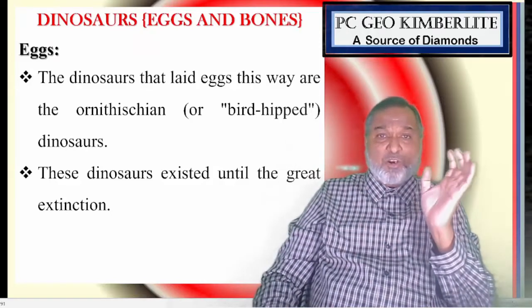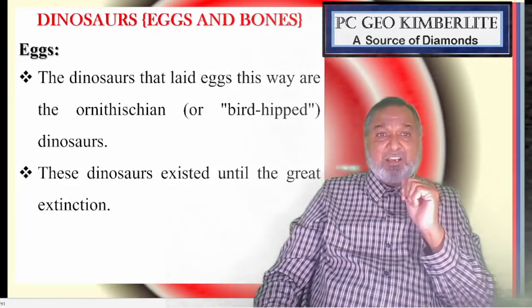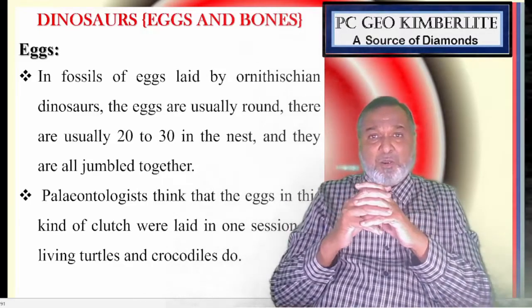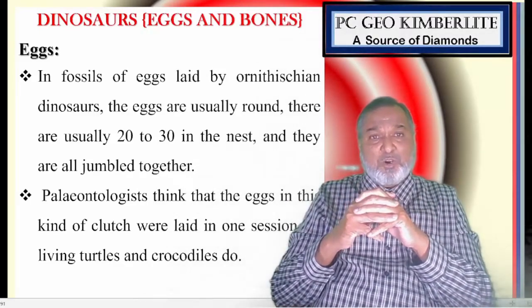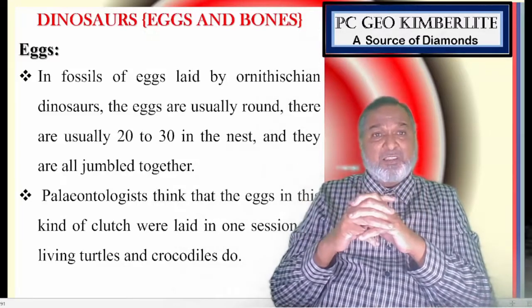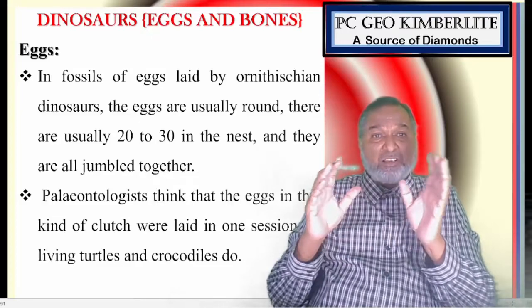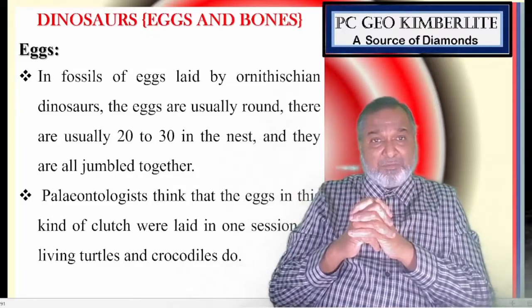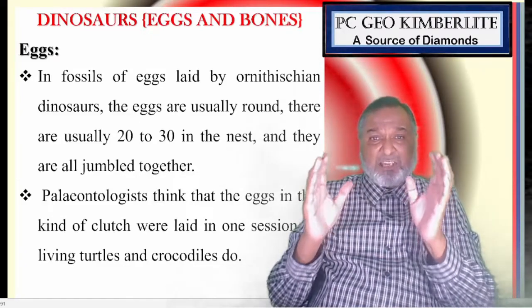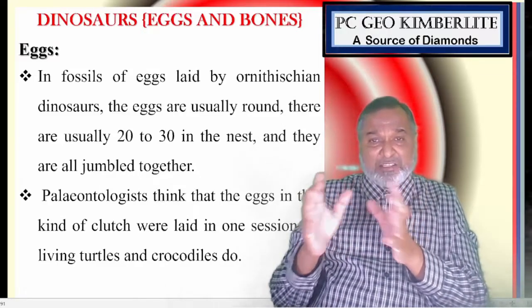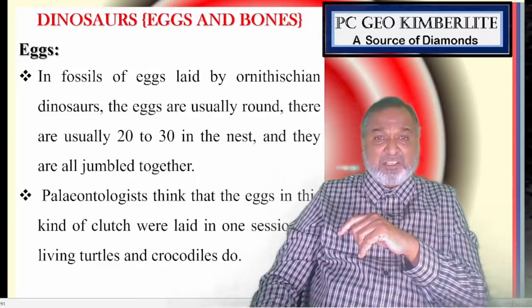These dinosaurs existed until the great extinction. In fossils of eggs laid by ornithischian dinosaurs, the eggs are usually round. There are usually 20 to 30 in a nest and they are all jumbled together.